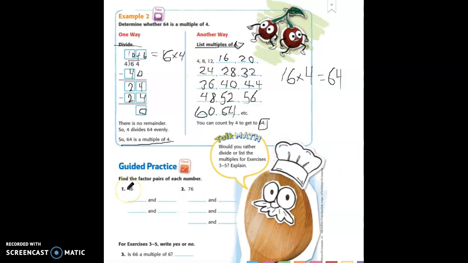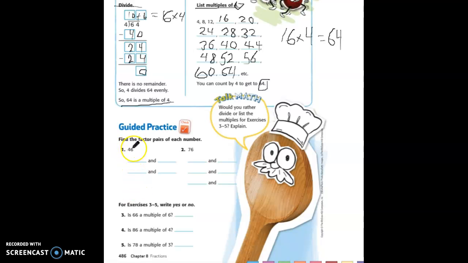Okay, so for the practice here, 46, you're going to get 1 and 46. It'll always be 1 and that number because that's the identity property. Just like this one, the first one will be 1 and 76. Makes sense? And because this is even, I can tell that 2 is going to be another one.